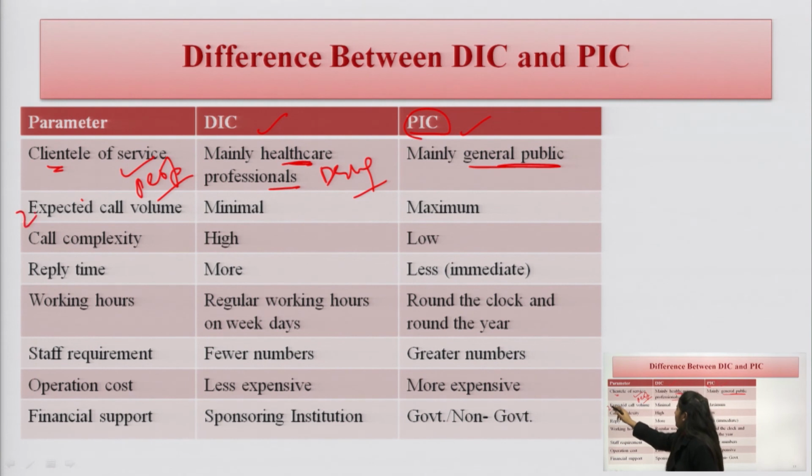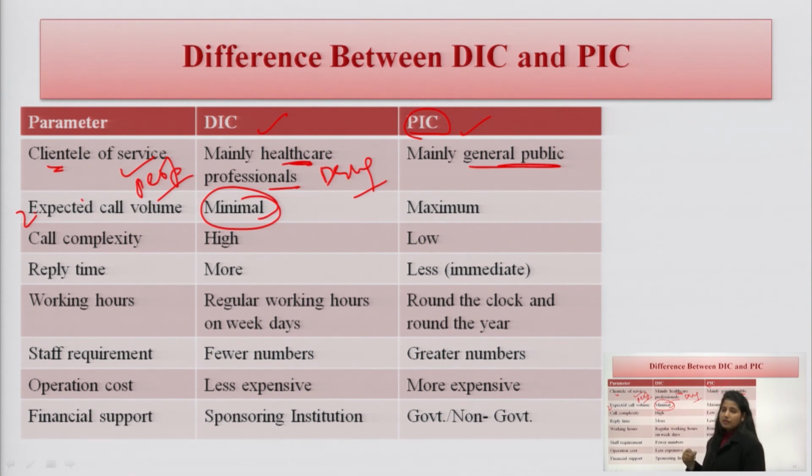Similarly, the second point, call volume. Call volume is minimum in the DIC because healthcare professionals generally ask questions when there is a complex therapy or a new query regarding the drug. As they are also familiar with the drug, the call volume is less in the DIC. But for the PIC, mainly the general public is asking questions.